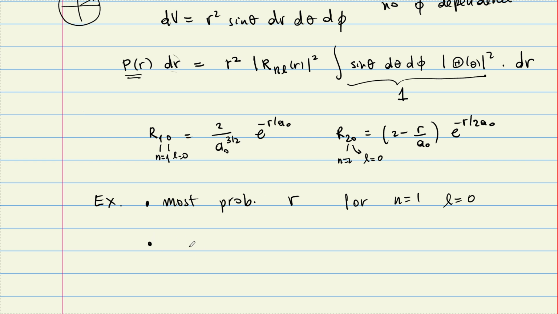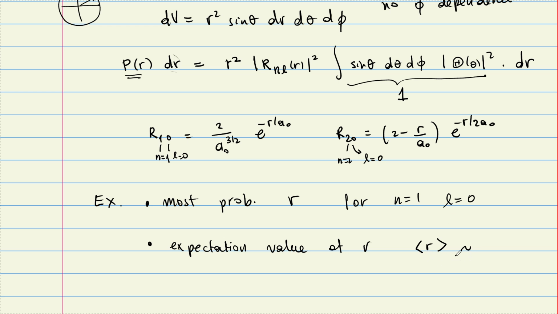But we can also calculate, for example, the expectation value of r. What you are going to do is put this r inside this probability, and you are going to integrate. And what should be the result, at least as an order of magnitude comparison?